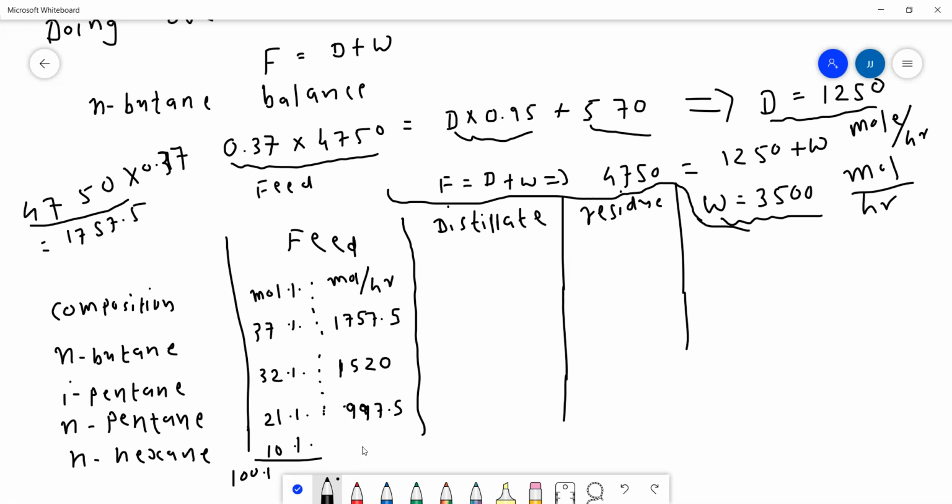And this is 4750 multiplied by 0.1, 10% means 0.1, so the zero is removed, then it is 475. And the total is nothing but 4750.